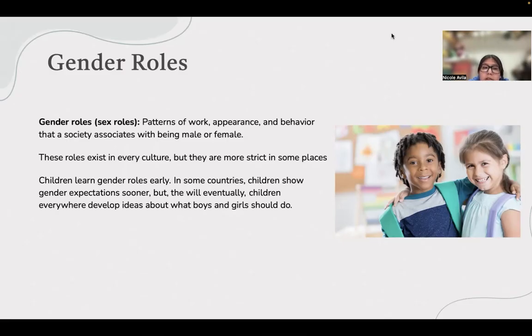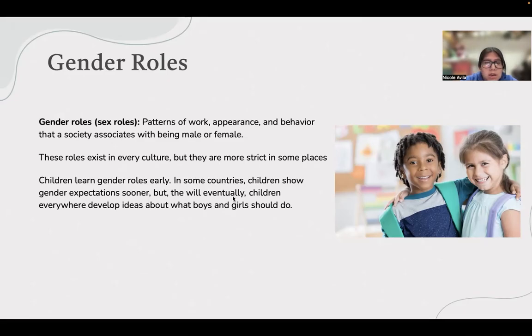Different cultures also have different ideas of gender roles. In some places, boys and girls are encouraged to do many of the same things. Over time, many cultures are changing and allowing everyone to choose what they want to do, regardless of whether they're boys or girls. Like I said, children learn gender roles early, and they eventually develop ideas about how boys and girls should be.